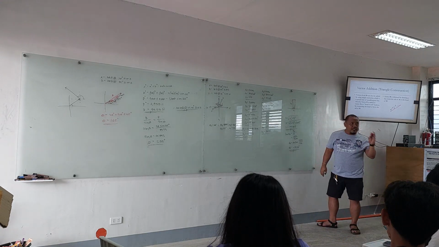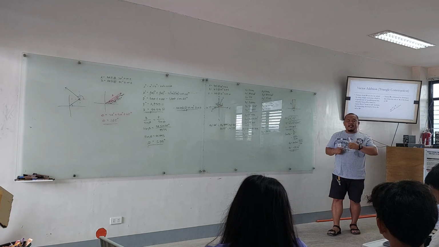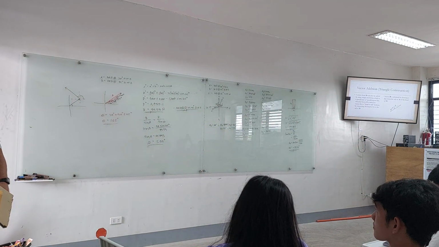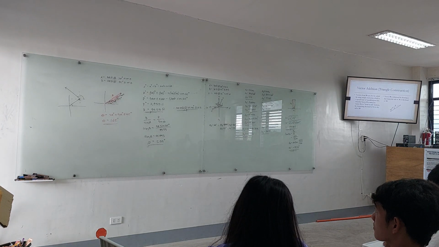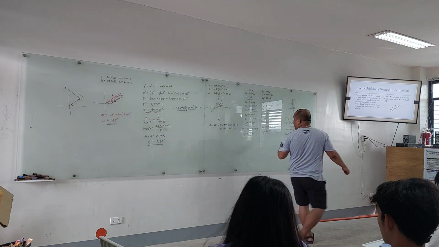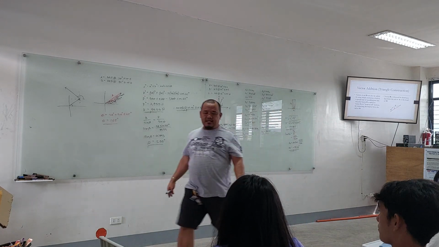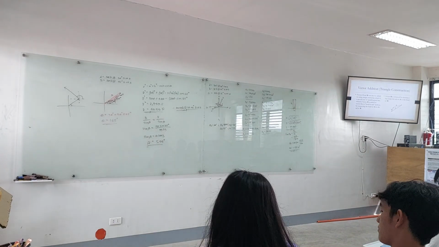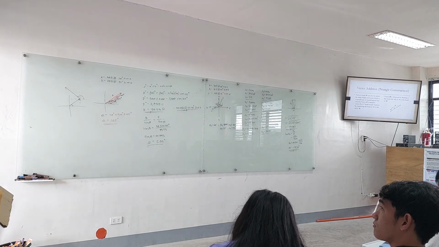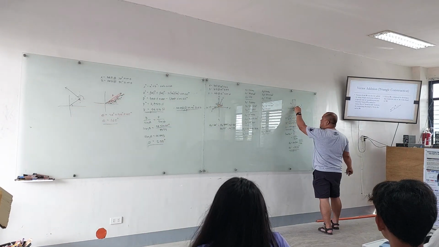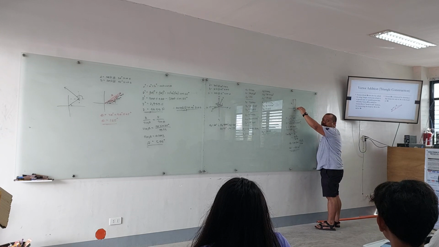Now, unfortunately, because the trigonometric functions are designed for right triangles, our calculator does not give an angle of more than 90 degrees. Supposedly, the answer is this angle, going from here toward here, but this is greater than 90 degrees.